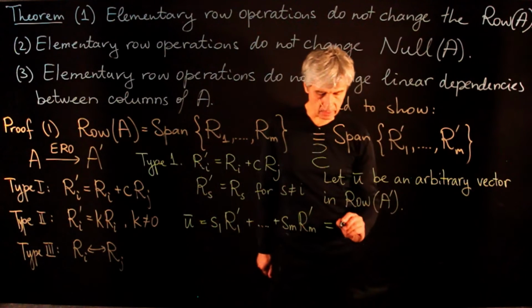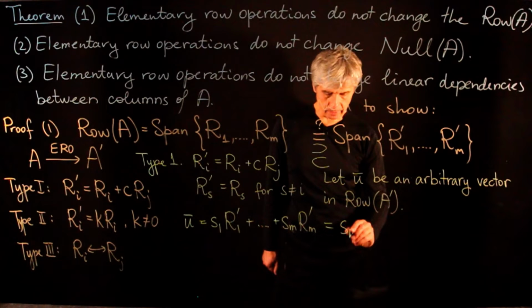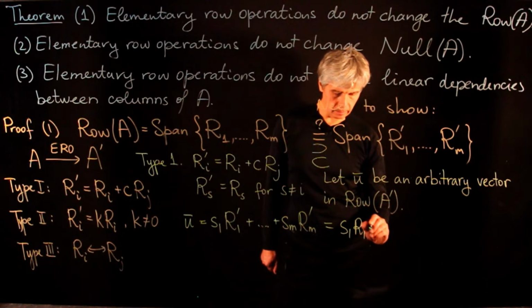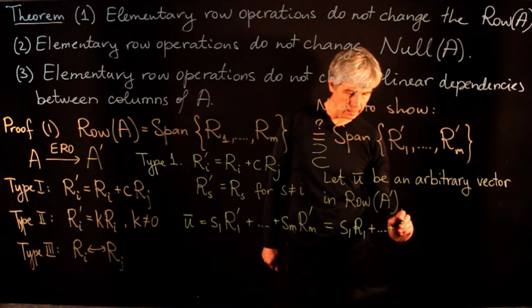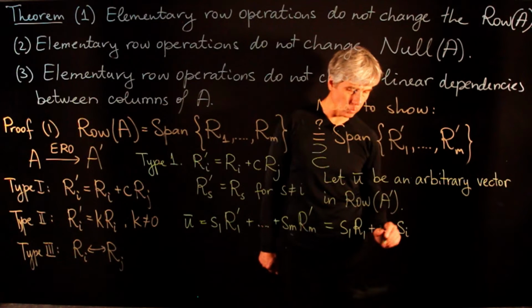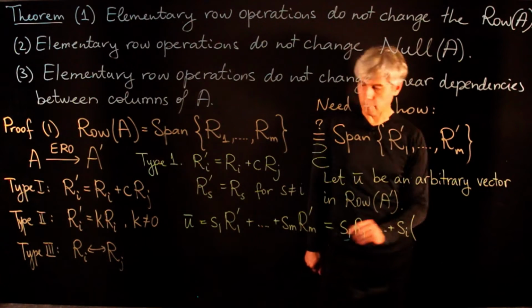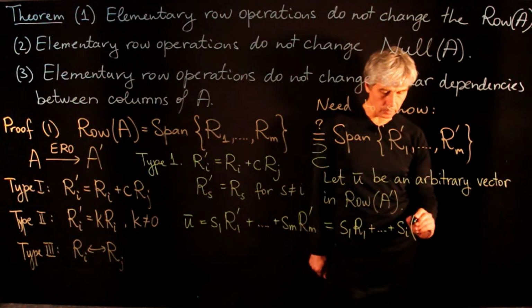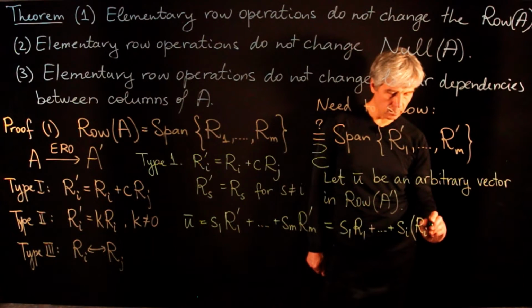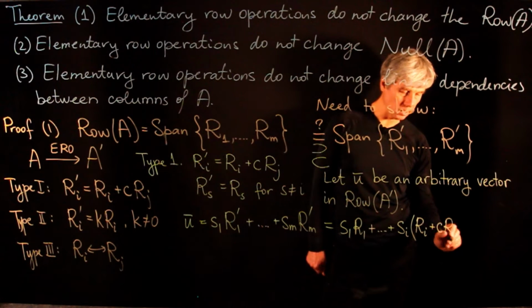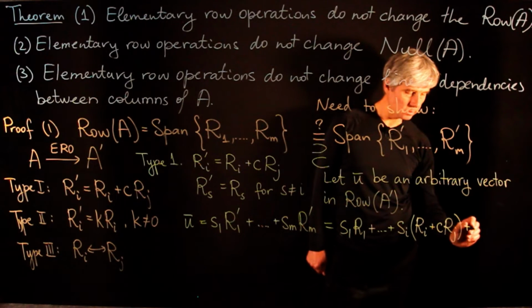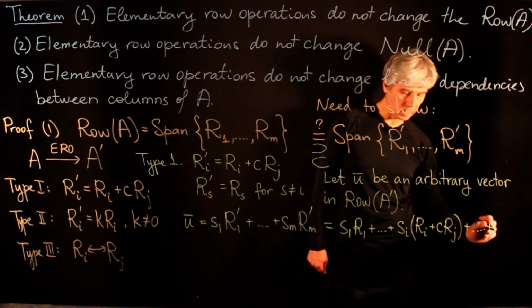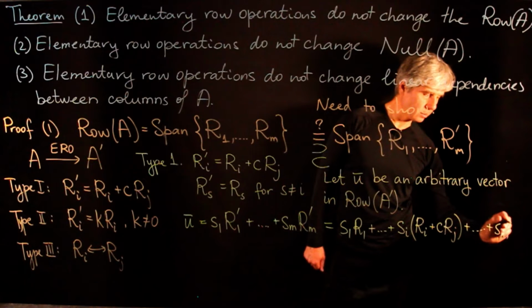So we can write this as S1 times R1 plus dot dot dot, and the interesting case is row I, where row I prime is equal to row I plus a constant times row j, plus dot dot dot plus SM times row m.